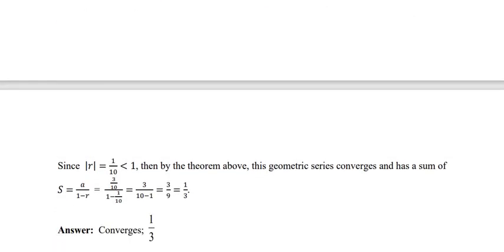Since the modulus of r is 1 by 10, that's less than 1, so this geometric series converges. As this is a convergent series, we can find its sum a by 1 minus r, that's 3 by 10 divided by 1 minus 1 by 10. This is equal to 1 by 3.